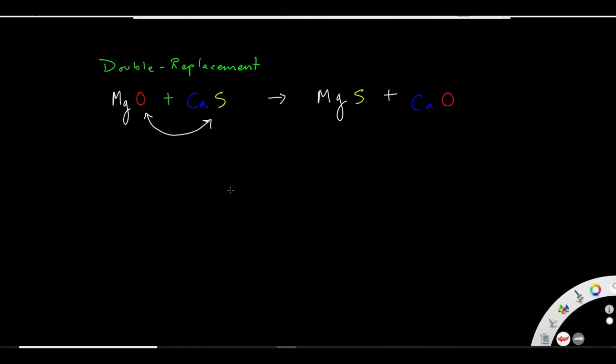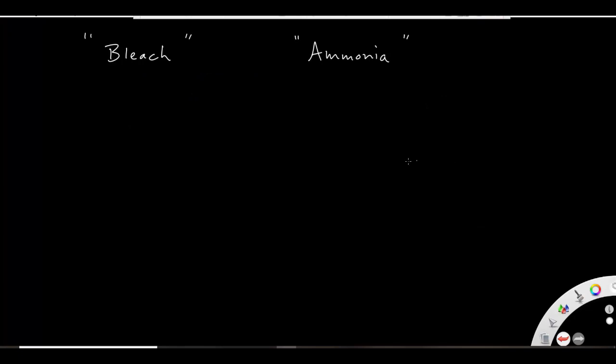So now we can actually look at any kind of reaction and piece it together based on these basic building blocks. Let's look at one that is particularly dangerous in the household. Now, you hopefully have been told never to mix bleach and ammonia, and we're about to find out why.